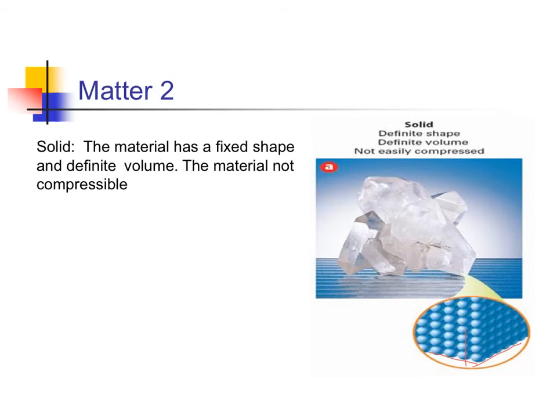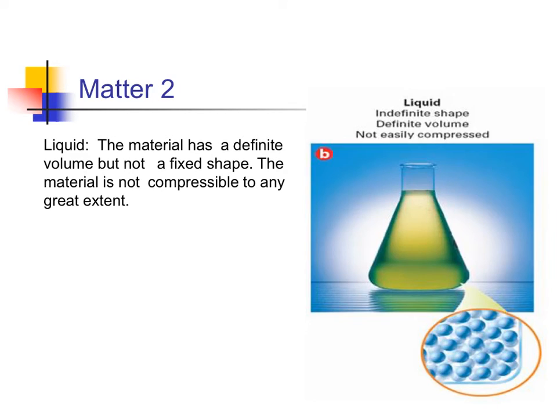Now that is different to, say, a liquid, where they have a definite volume but not a fixed shape, meaning if I poured this liquid into a different shaped vial, it would take the shape of that vial. The volume that I pour in will actually be the same.